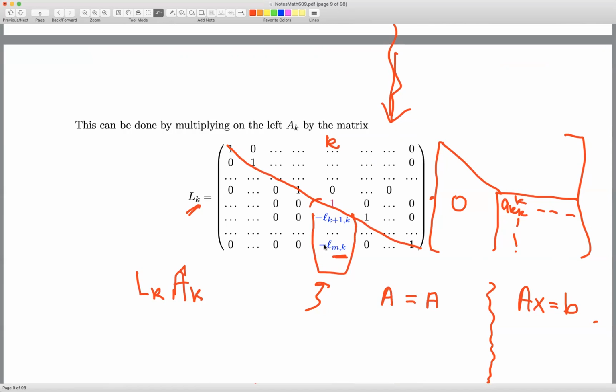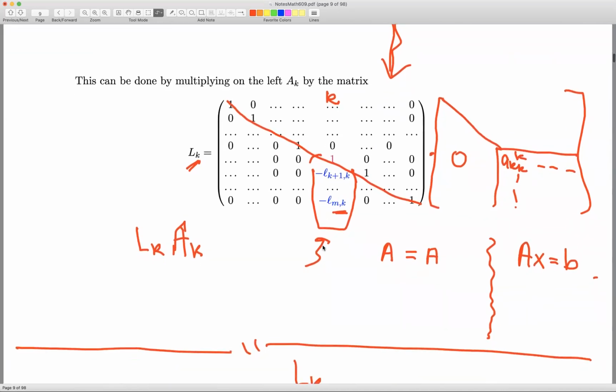Now, we also discussed that if we start with the equation A is equal to A, then we perform one step of Gauss elimination. The performance of one step of Gauss elimination means that we multiply on the left the matrix A by the corresponding matrix L1. So we have L1A.